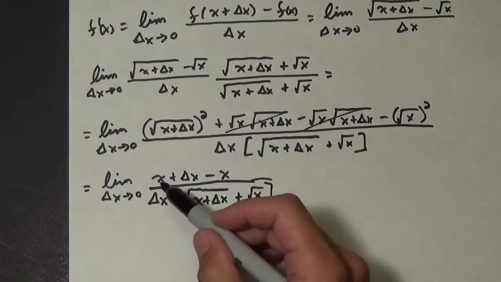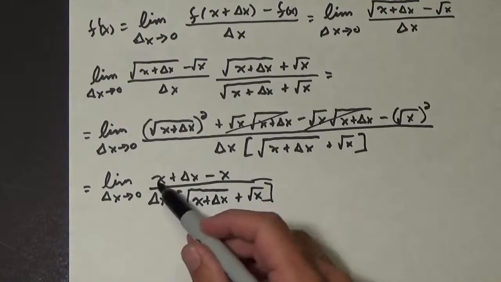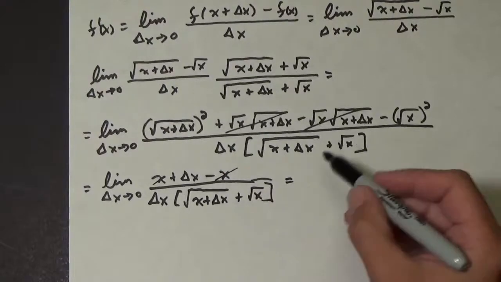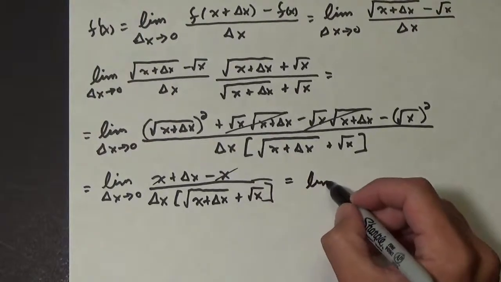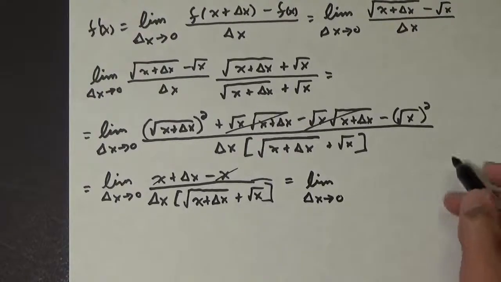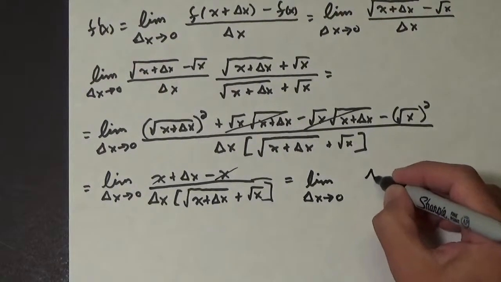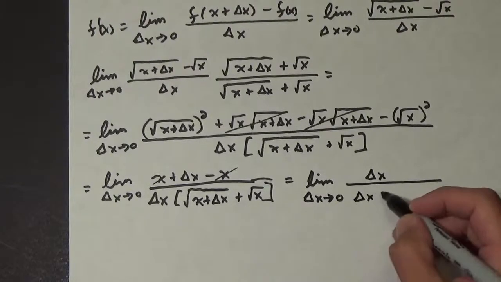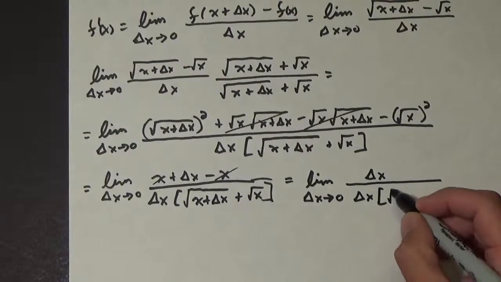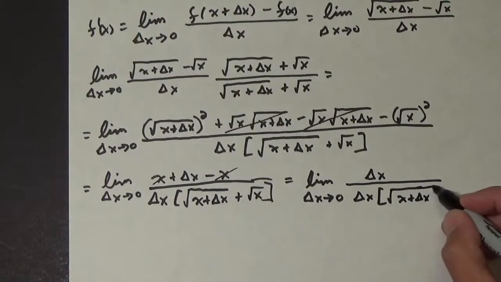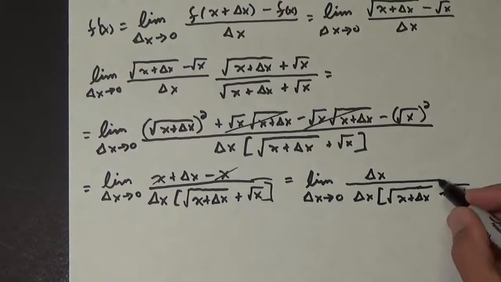So let's see. Another good thing happens. These two x's cancel out, so they're gone. So we're going to end up with the limit as delta x approaches 0 of delta x all over delta x times the square root of x plus delta x plus the square root of x.